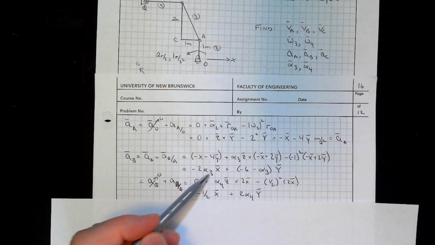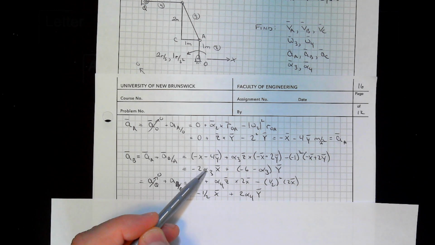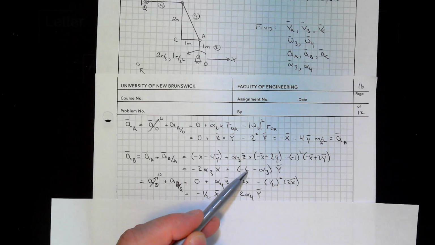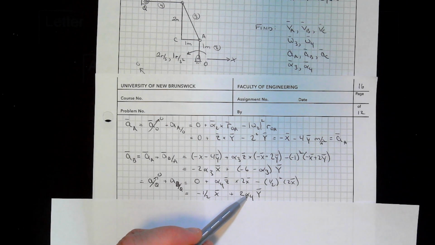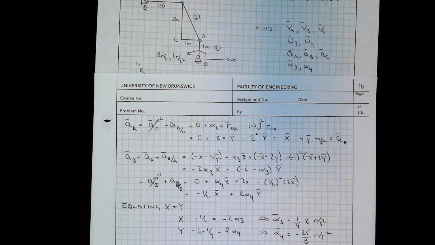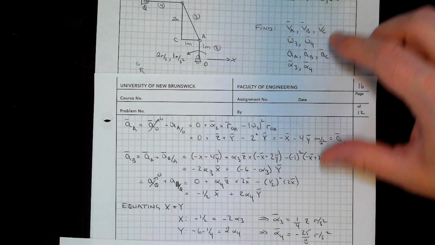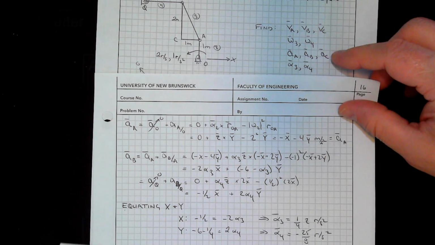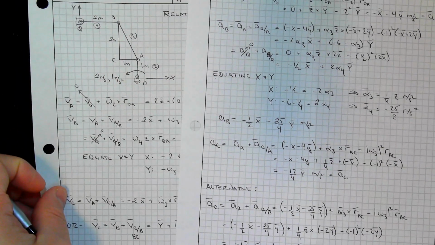Well, if you look at that, we can now equate the x's and solve for alpha 3, and then we can equate the y's knowing alpha 3, and we can solve for alpha 4. And that's given right here. Now, we were asked to figure out the acceleration at B. Fairly easily done. Let's just bring these more side by side.